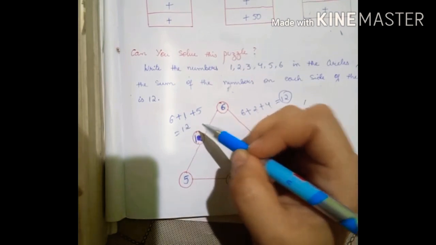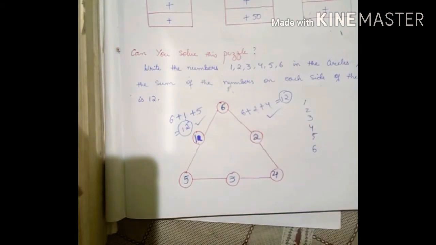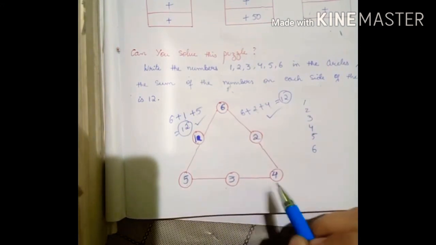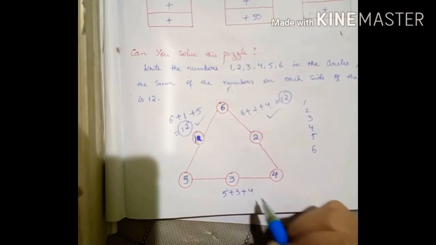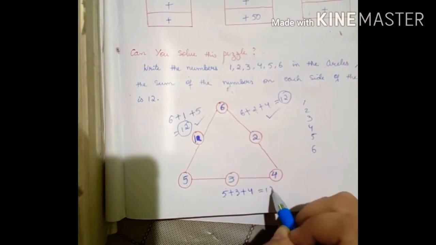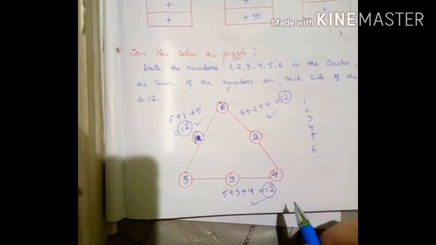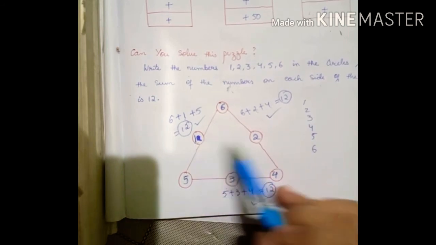Okay, see, we get 12 here. This is also correct. Now here, 5 plus 3 plus 4. 5 plus 3 is 8, 8 plus 4 is 12. So we get all the 3 sides as 12 when we put the numbers in this way.